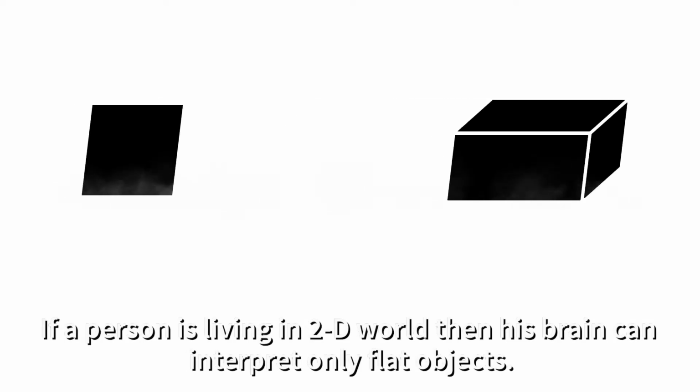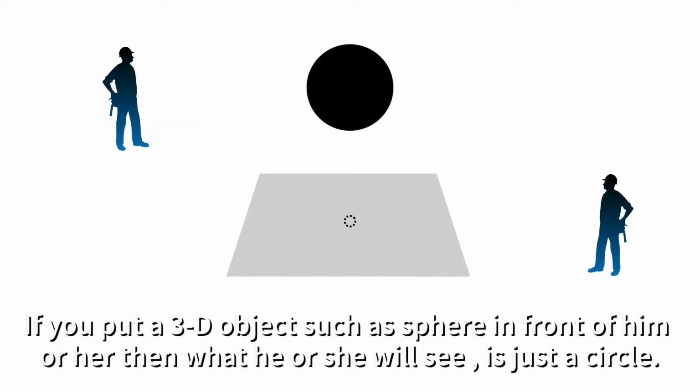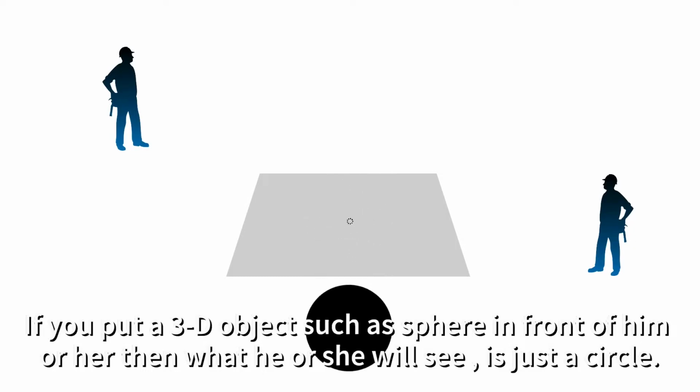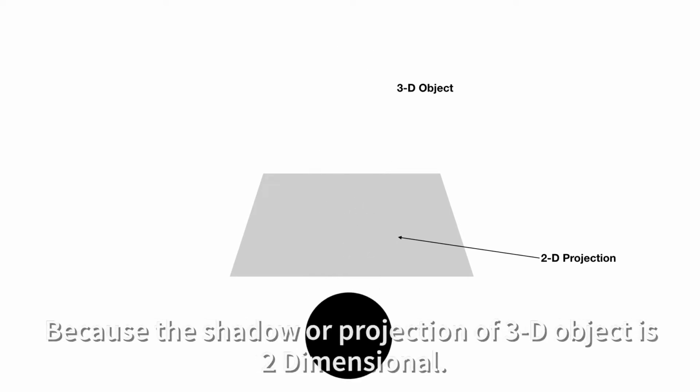If a person is living in a 2-dimensional world, then his brain can interpret only flat objects. If you put a 3-dimensional object such as a sphere in front of him, what he will see is just a circle, because the shadow or projection of a 3-dimensional object is 2-dimensional.